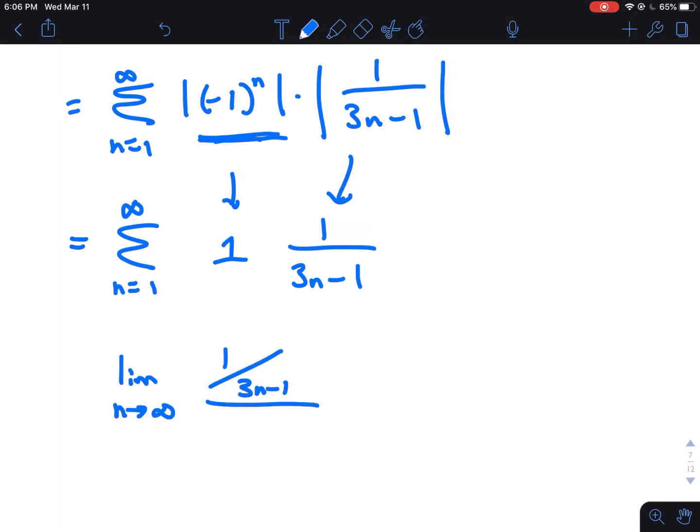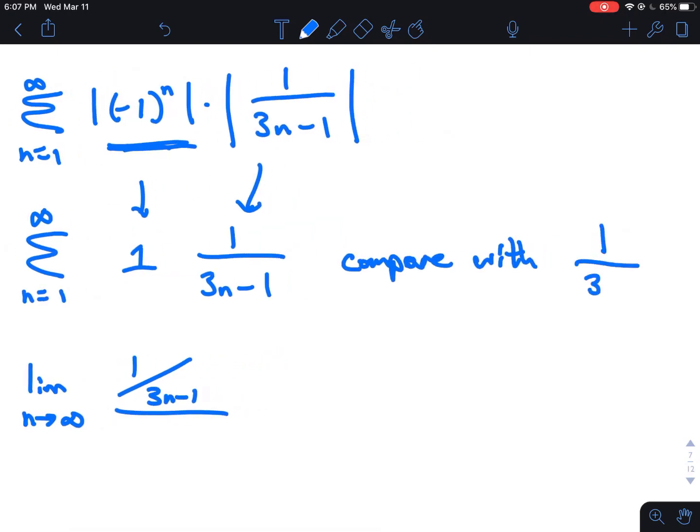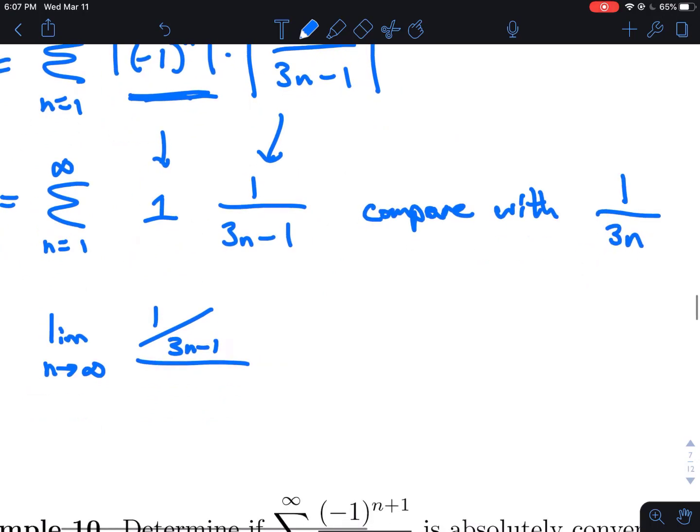Getting in good habits for showing our work, I'm going to compare with 1 over 3n. So, okay, then this makes more sense, what I'm doing here, taking this limit.